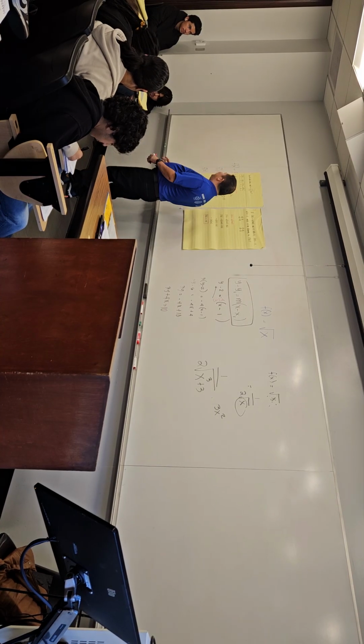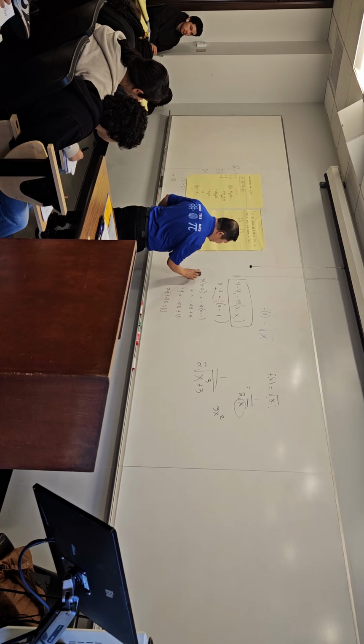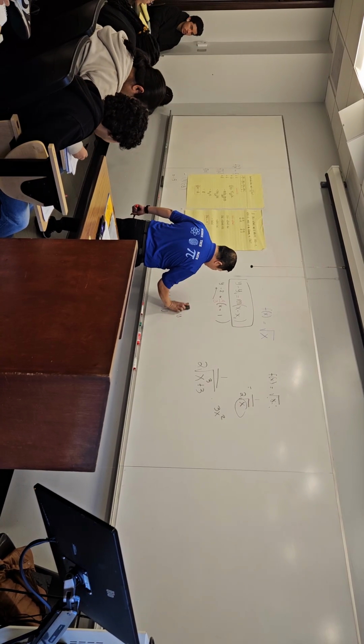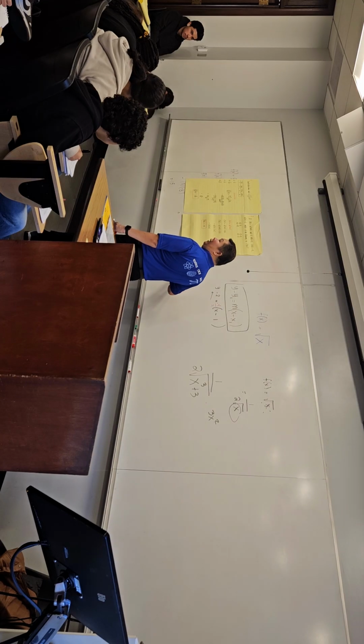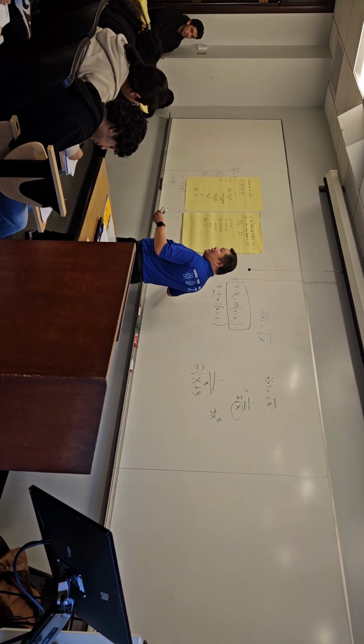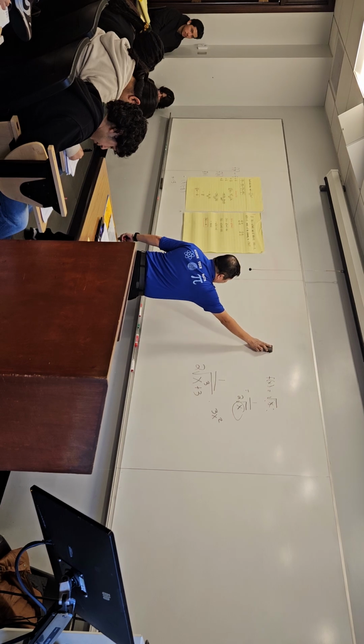So following the quotient rule, it says low d-high minus high d-low. When we say low, that means the denominator. Okay? I hope your teacher discussed that. And when we say high, that means the numerator.